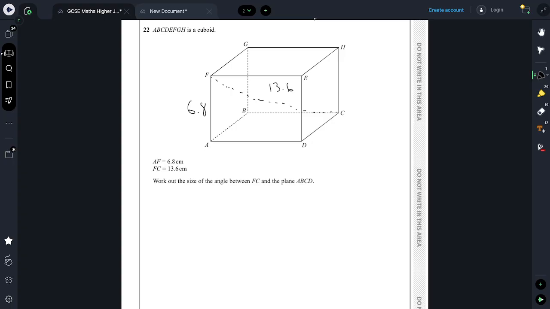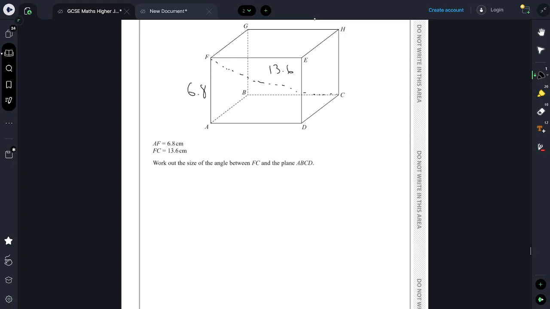So ABCD, well, it's this face here, right? It's the bottom face. But it says the angle between FC, the line, and the plane. Well, if we draw the line FC, there's going to be an angle between that and the plane.